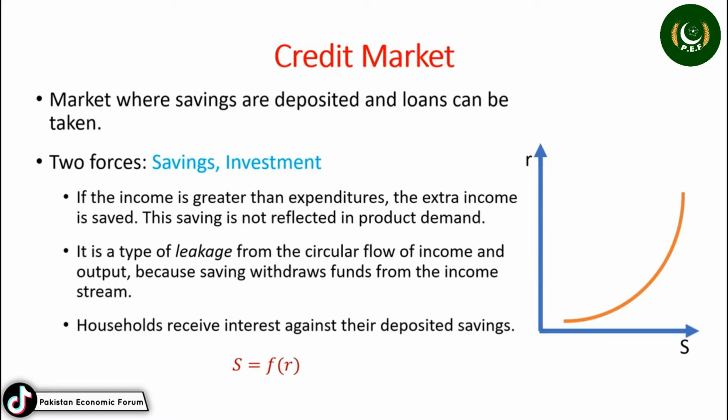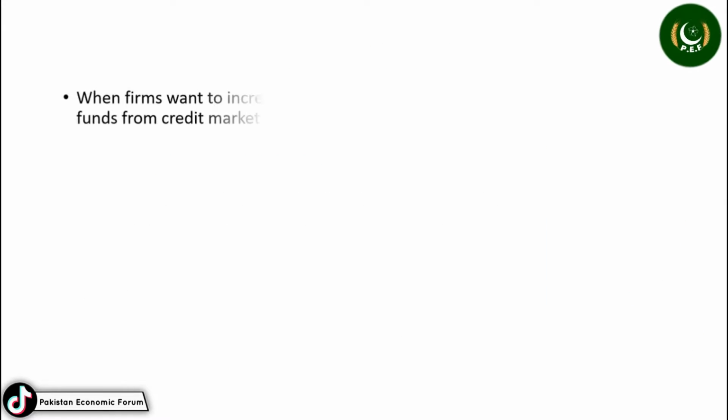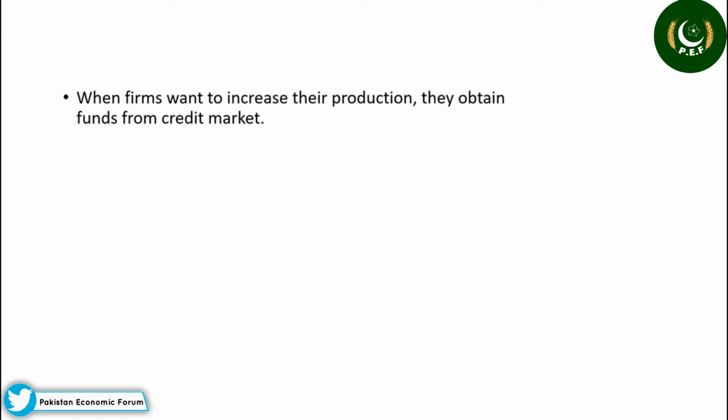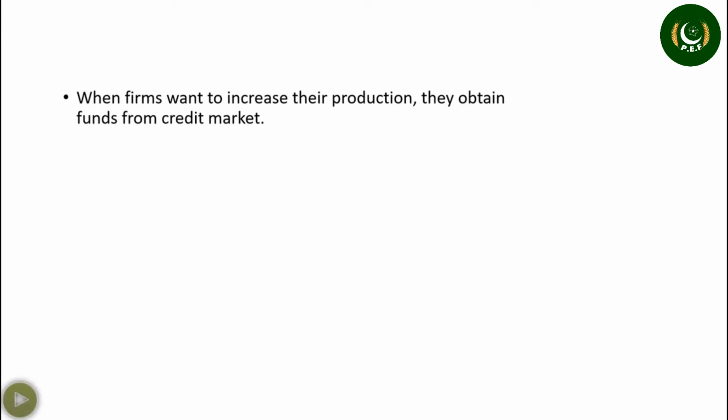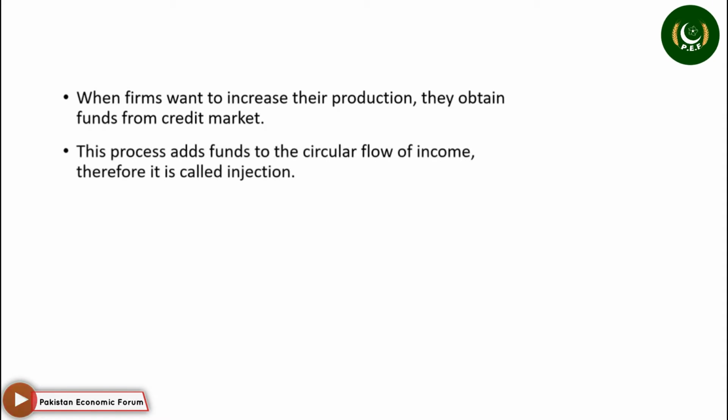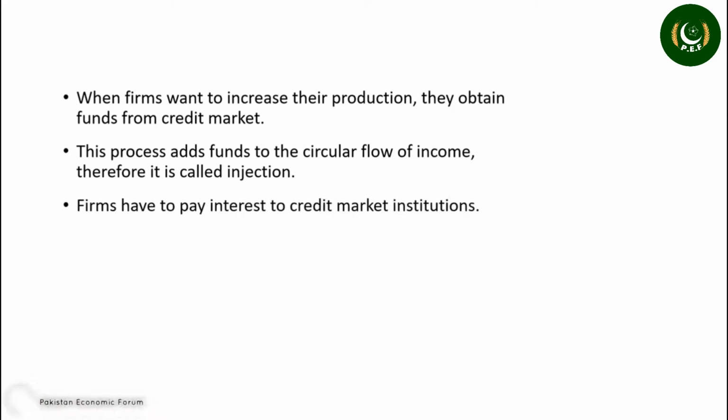On the other hand, when firms want to increase their production, they obtain funds from credit market. This process adds funds to the circular flow of income. Therefore, it is called injection. Firms have to pay interest to credit market institutions to get funds. Therefore, there is a negative relation between interest rate and investments.